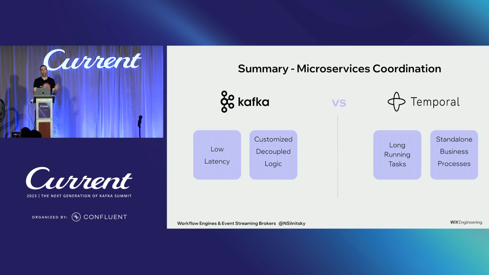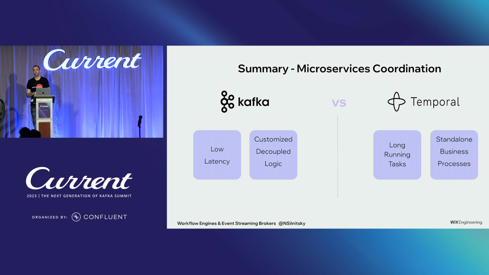So that was about Wix, but in general, what would you want to do for your microservice coordination strategy? Well, I would say that definitely go with Kafka if you have a very low latency requirement, and especially if you have a lot of customized decoupled logic that you need to be extensible and allow to change and be pluggable.